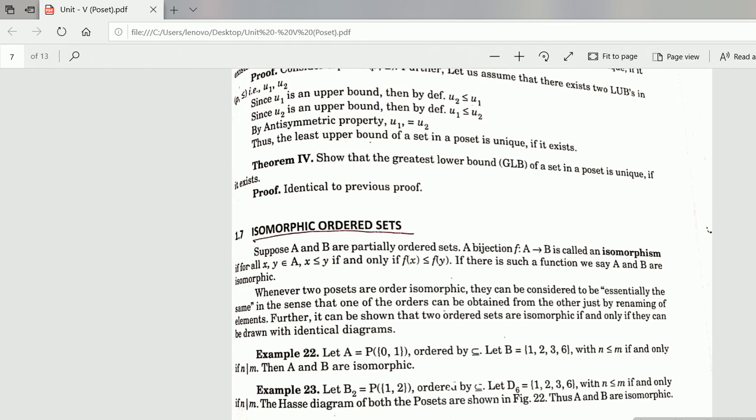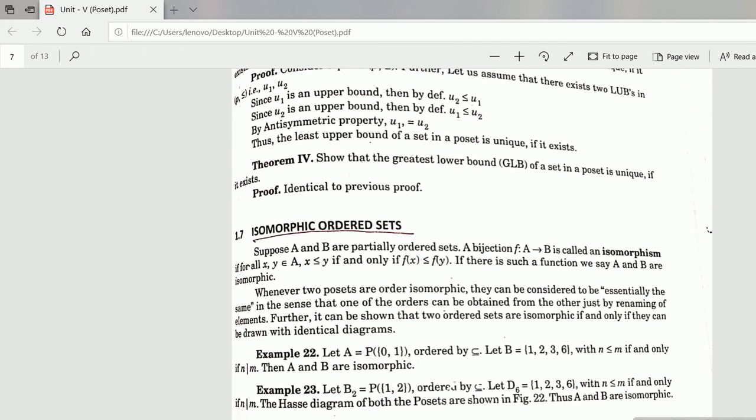Whenever we discuss set A, you imagine in your mind what set A is. Likewise, whenever it is said that suppose A and B are posets, that is partially ordered sets, automatically all the definitions of posets should come to your mind, so that it is clear what is going to be said, and what the real picture of these posets is.